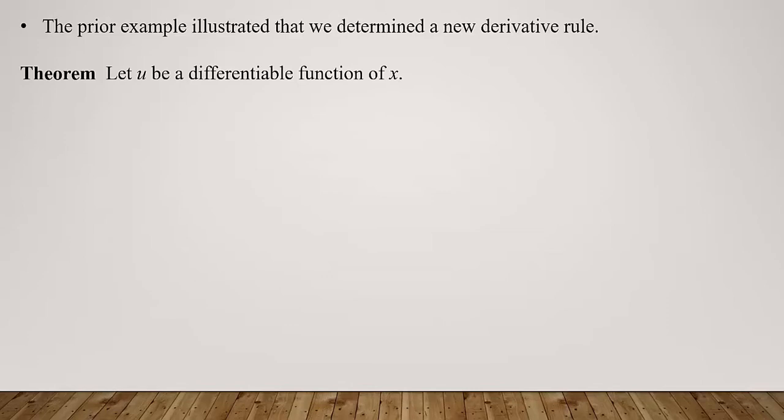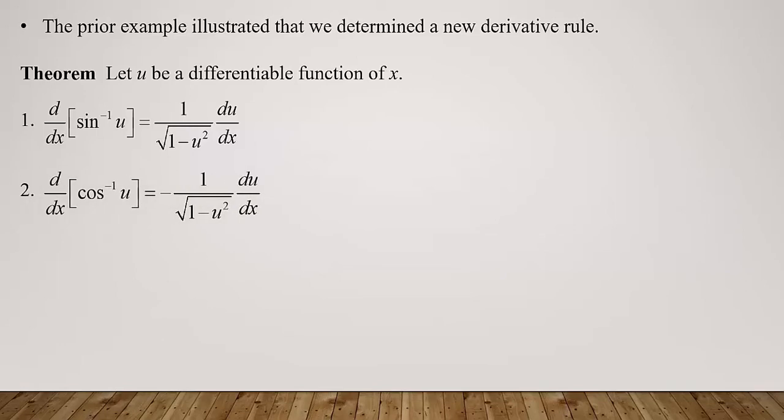And we're just going to go right to the chain rule part. So use a differentiable function of x. The derivative of inverse sine u is 1 over the square root of 1 minus u squared times du dx, which would be the derivative of u, obviously.